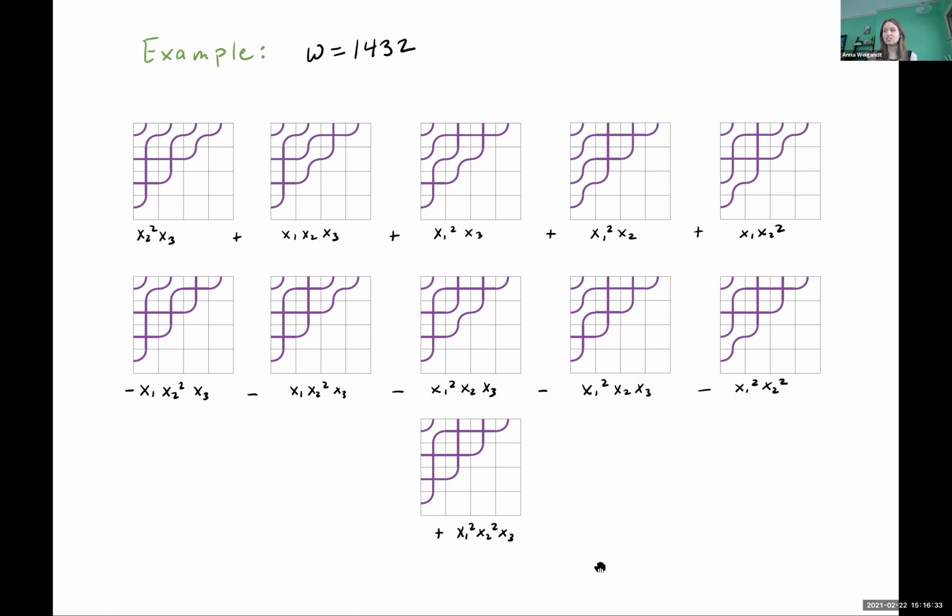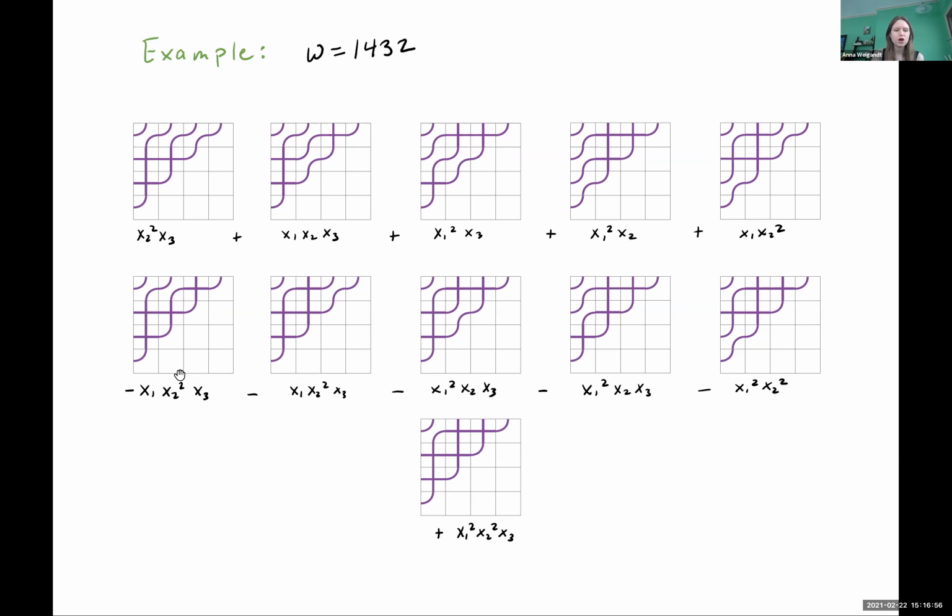I'm not going to get into the weeds of how exactly you write down the pipe dreams, but you might notice that the way you get a monomial off of a pipe dream is you count how many crossings there are in each row, and that gives you the exponent of the variable corresponding to that row. So for instance, we could look at this pipe dream down here.